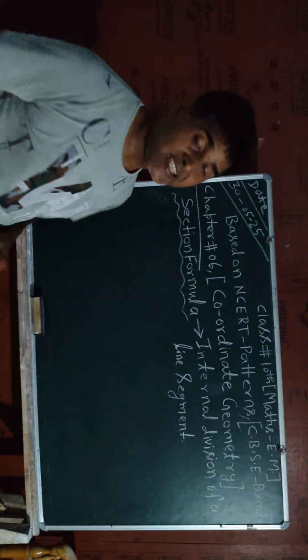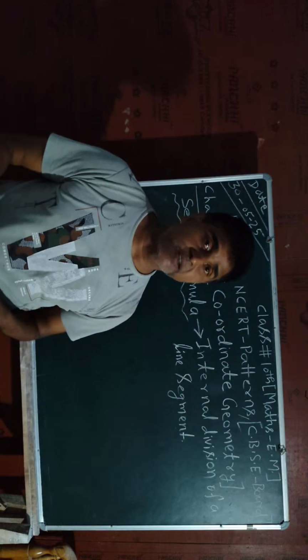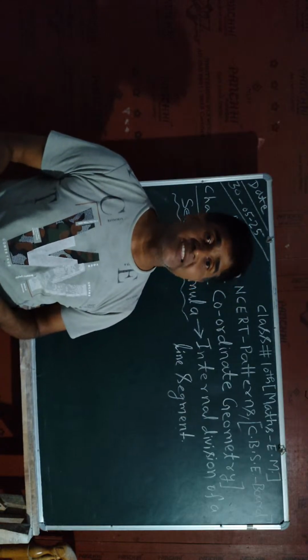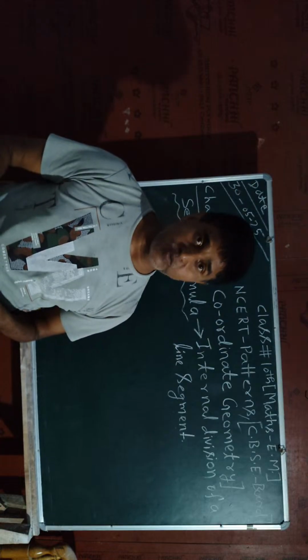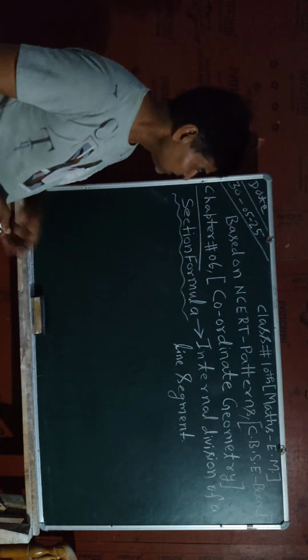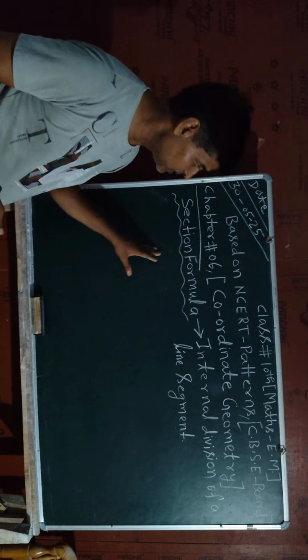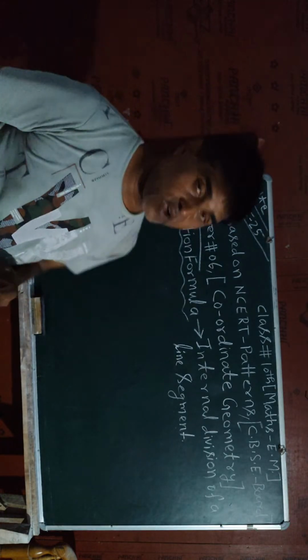Previous chapters I have already described with you, like real numbers, polynomials, quadratic equations, pair of linear equations in two variables, and also arithmetic progression, and next I am explaining coordinate geometry. So in this coordinate geometry I have to explain with you about the section formula.